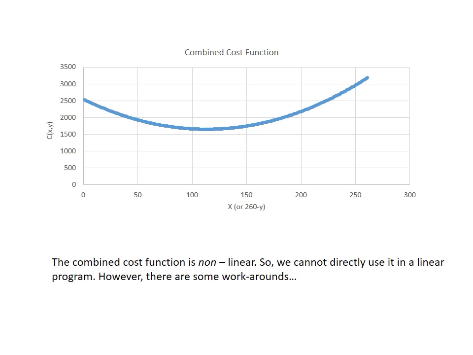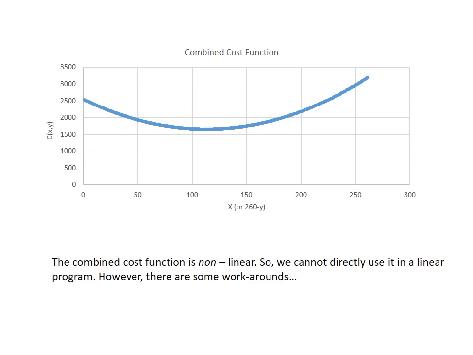And if we look at the combined cost function, so if we add c of x plus c of y, and we explore the different values of that function at different values of x and y that adhere to the constraint that x plus y is equal to 260, we clearly get something that's nonlinear in this case, right?